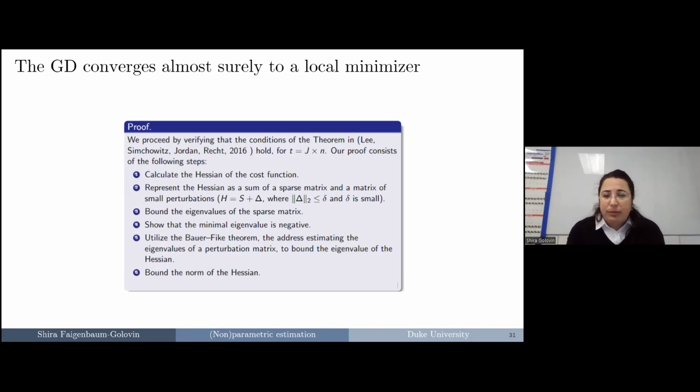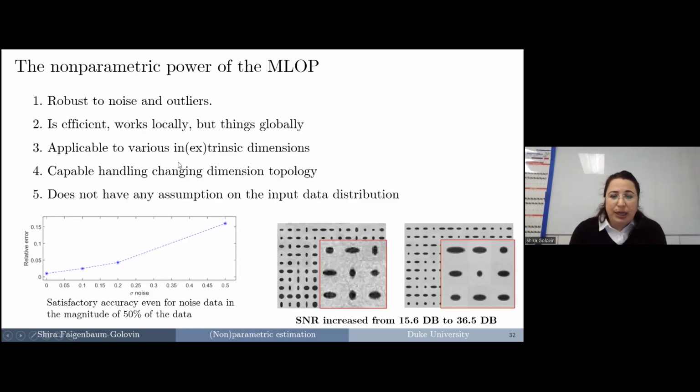So after performing all of this detailed theoretical analysis, we were able to run some numerical examples and see how robust we are with respect to noise. The robustness basically is reflected in this graph that even with noise of magnitude of 0.5 from the magnitude of the data, we are still in a reasonable relative error of 0.15.